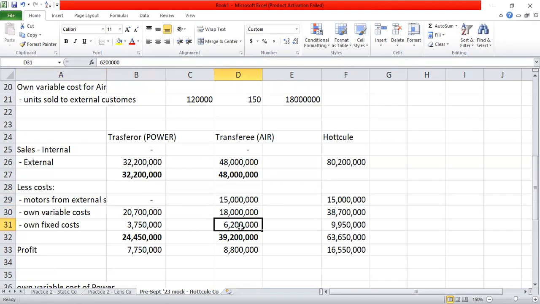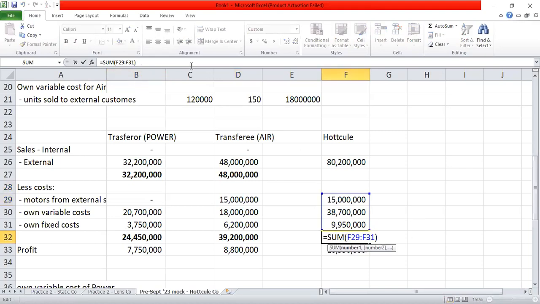Their own fees cost is that. Okay, total cost is that. This 24. This is that added. Okay, looks correct. And we will leave it here. We'll compare answers with the examiner solution anyway. Any questions, guys?